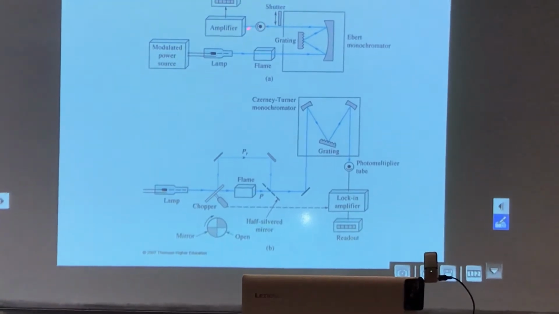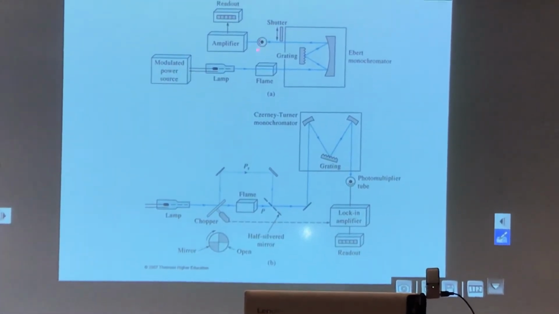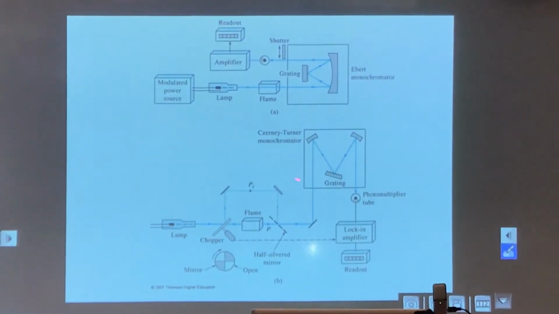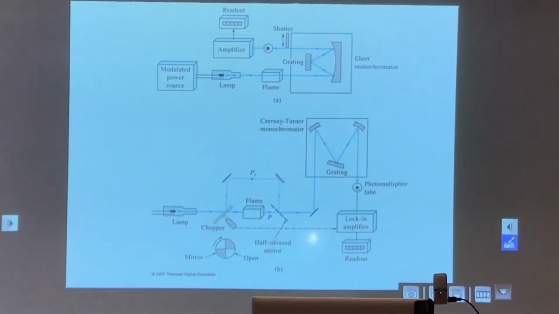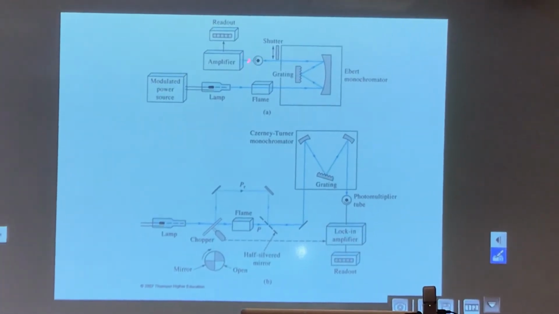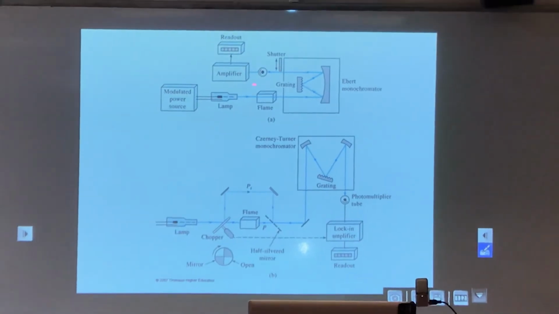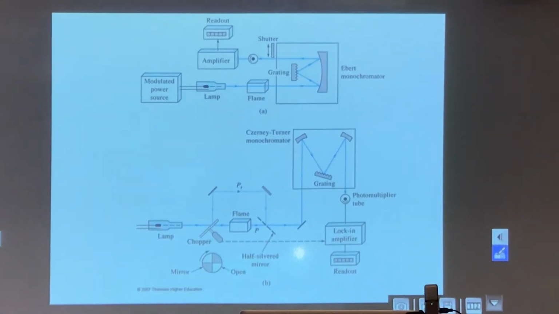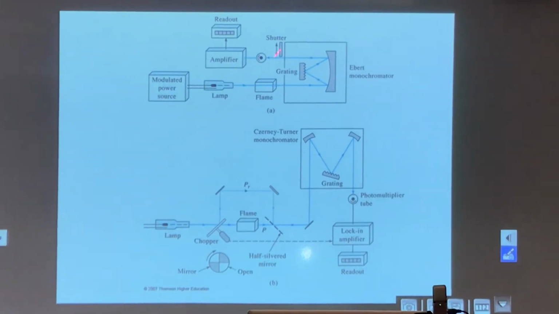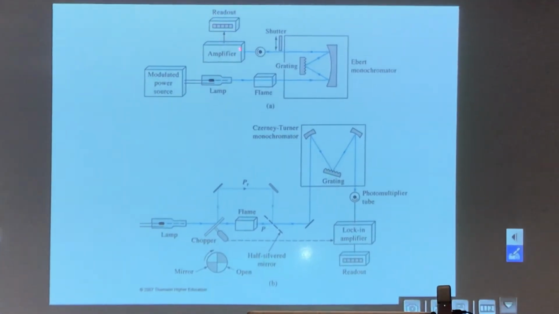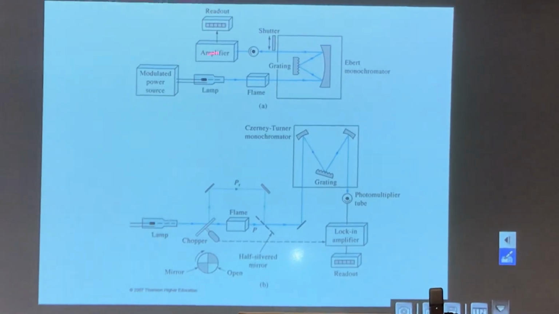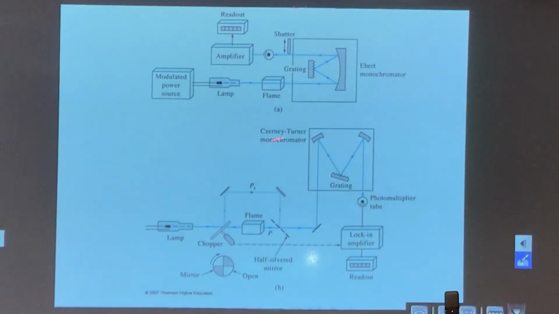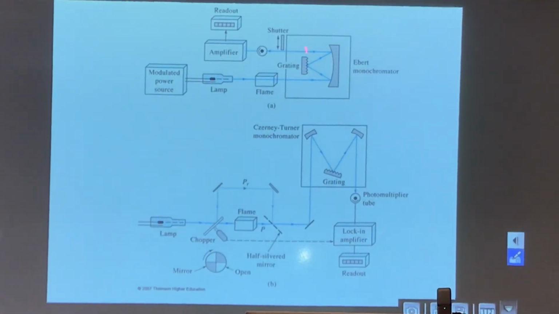This is your detector, and the detector in most cases could be something like just a normal detector that you've used in molecular spectroscopy. And then we have an amplifier, and then we have readout. So that's the simplest system that we can talk about.